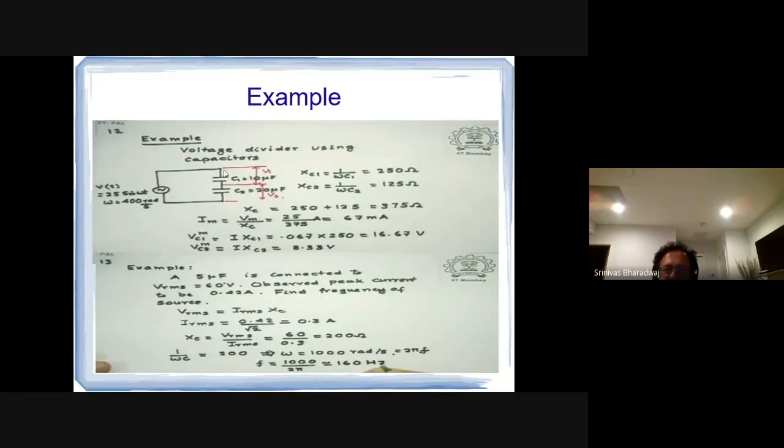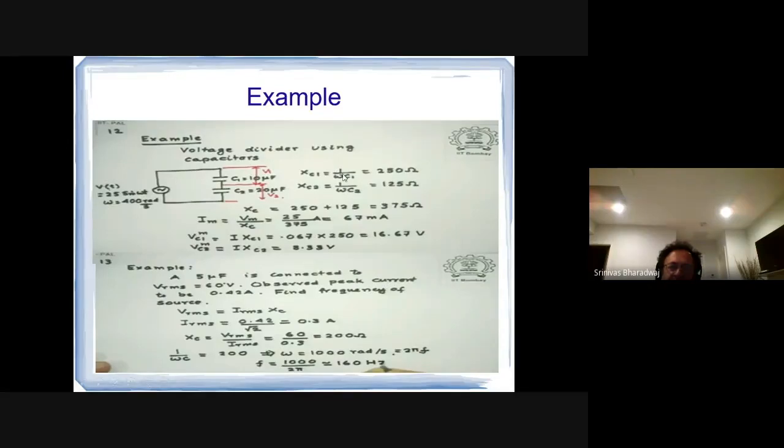Then you add the two, 250 and 125 ohms. Notice that you're adding, although it's in series, keep that in mind. You treat it like a resistor with a different resistance. That's it, just 1 by omega C1.